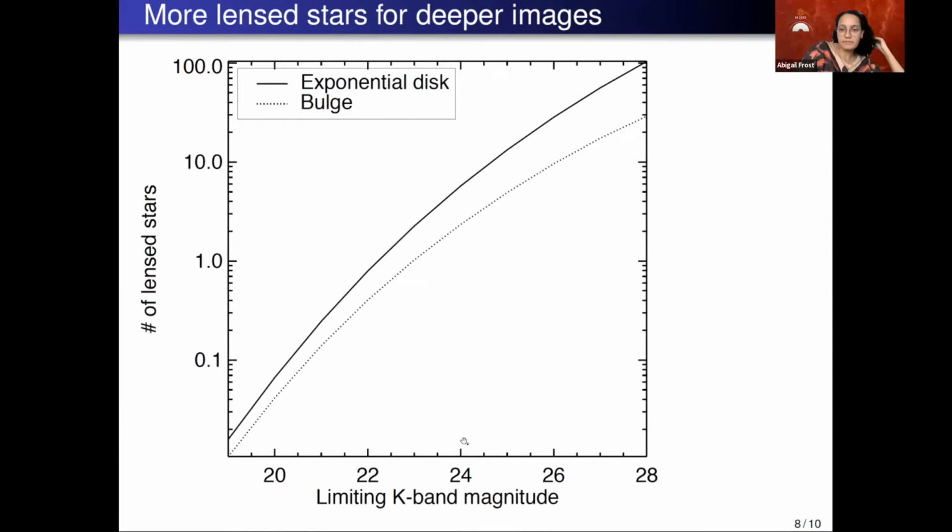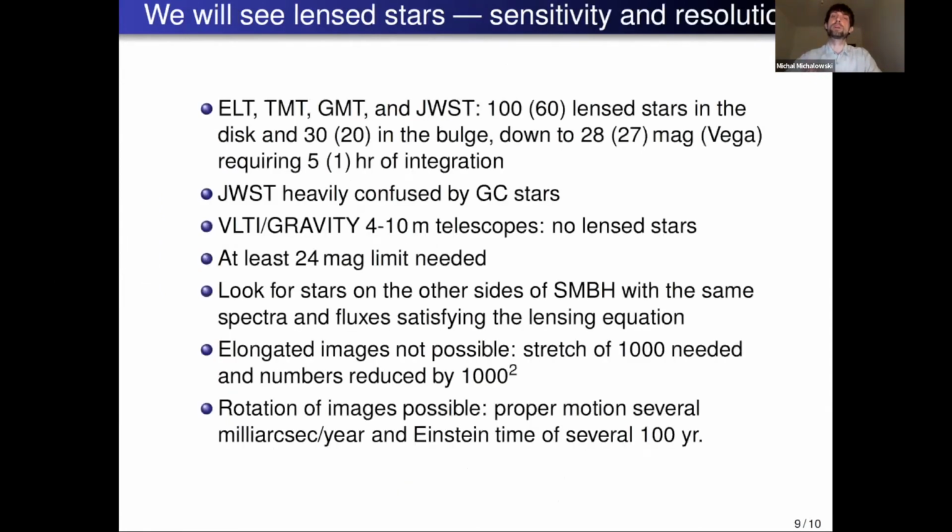In order to get around 10 such lensed stars, you need at least 24 limiting magnitude. If you want more, a few tens, then probably 27 or 28. So that's the sensitivity. With that sensitivity, which will be available, the telescopes will be able to see around 100 lensed stars, as I said.